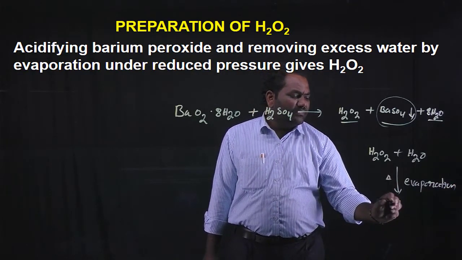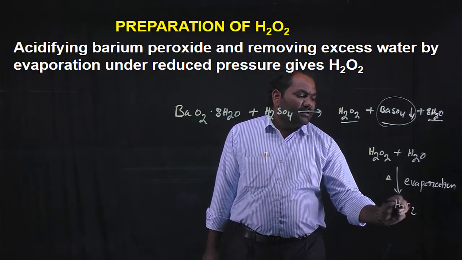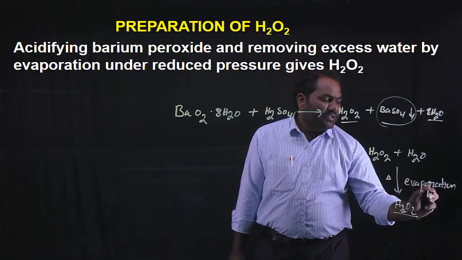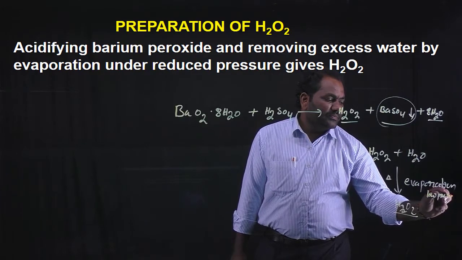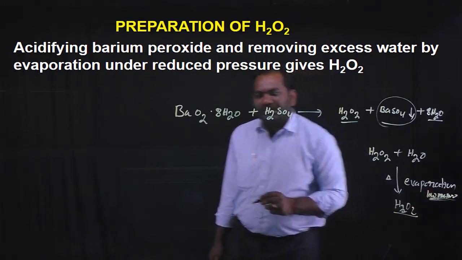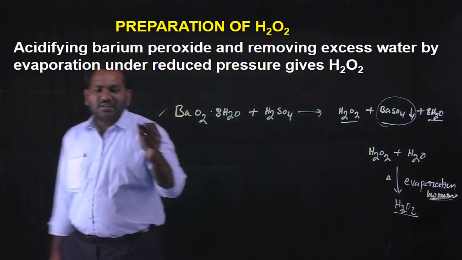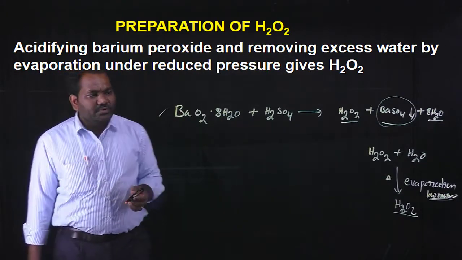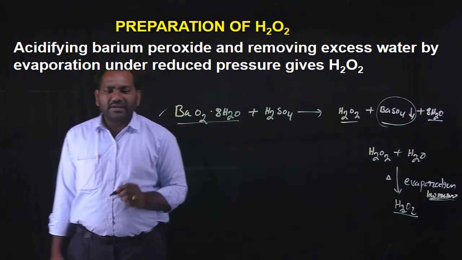Then finally we will get H2O2. This evaporation takes place at a very low pressure. Like this is the reaction involved in the above procedure, preparation of H2O2 from barium peroxide.